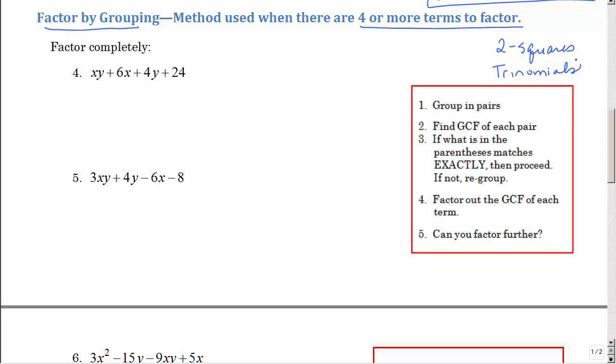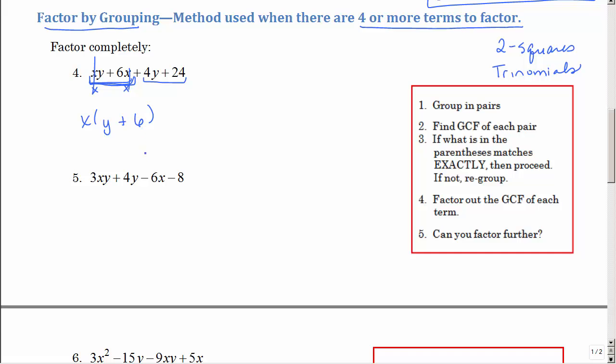All right? So most of the time we just try grouping them in twos. So I'm going to look at those 2 and those 2. You look at the first 2 and you say, what does each group have in common? Well, that group has an x in common. So if I divide both of those by x, what are we left with?